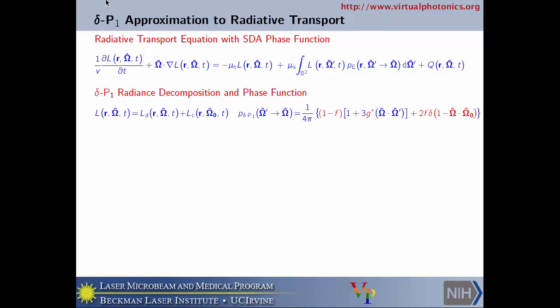Similarly, in your phase function, you say, okay, I know upon a scattering event, there's going to be a significant fraction of light f that's just going to be directed directly forward. So we take that off, and we have a term, 2f delta function, 1 minus omega dot omega naught. So that is only finite when the direction is the direction of the collimated source.